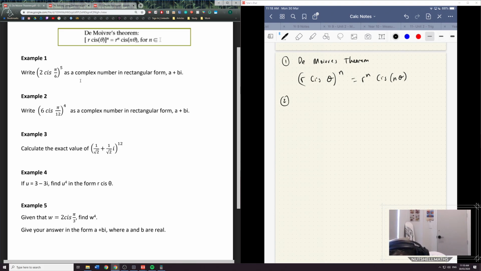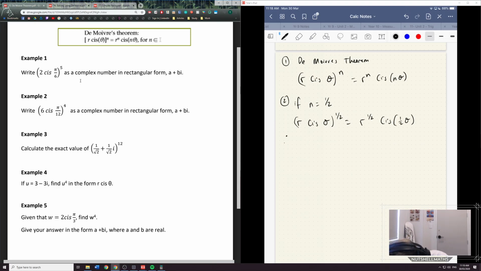If I had a special case of n being a fraction, let's say a half, in de Moivre's theorem, well, this would turn into r cis theta all to the half would be r to the half cis half theta. Exactly the same. We're happy. And it would work with any fraction, where a fraction is actually a root.